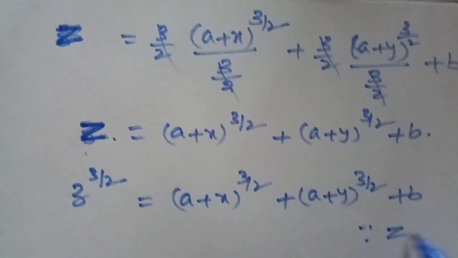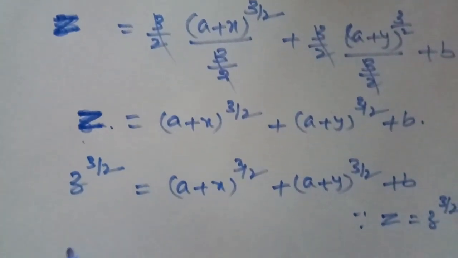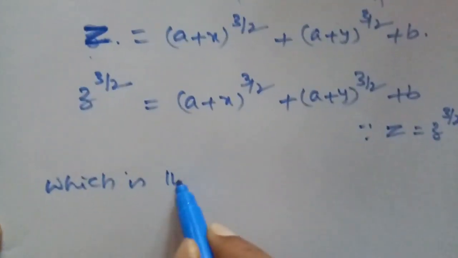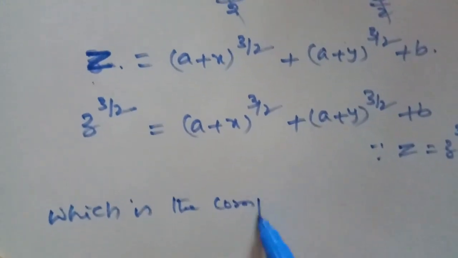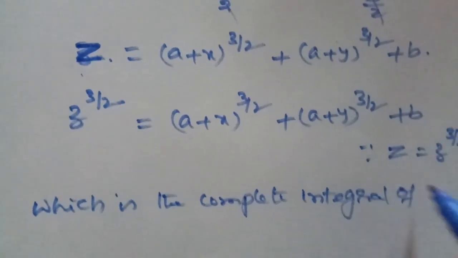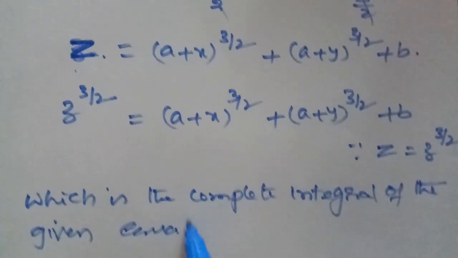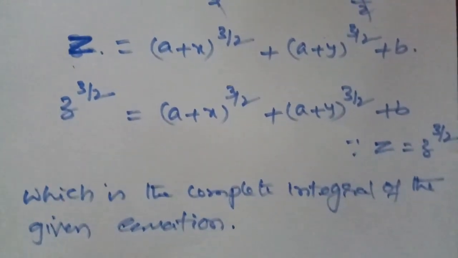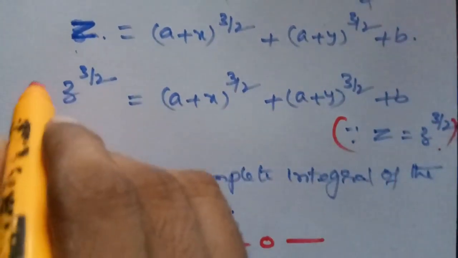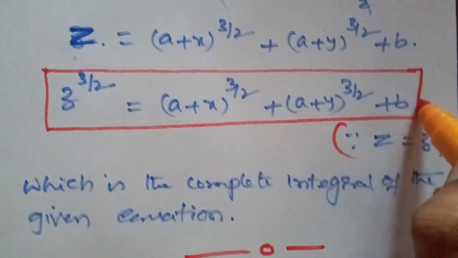This is the complete integral of the given equation, as it contains two arbitrary constants a and b, and two independent variables x and y.